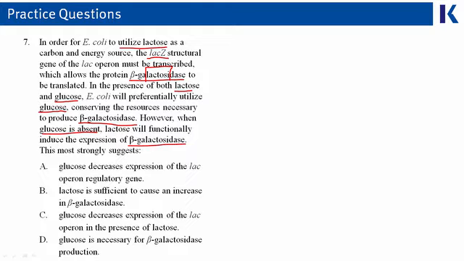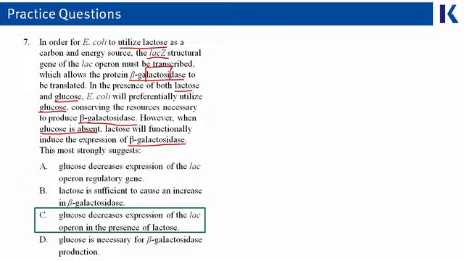This information, even though it's in text rather than in a picture, brings us to the same conclusion that glucose decreases the lac operon expression when lactose is around, because the bacterium wants to use glucose if it can, so that glucose basically shuts down the lactose digestion machinery. That, again, is exactly what we saw in the picture of when the glucose gets added, it shuts down the beta-galactosidase, which is the lactose digestion machinery.